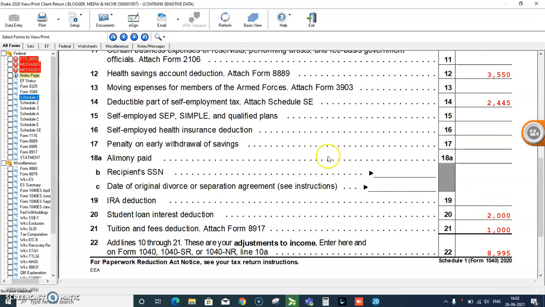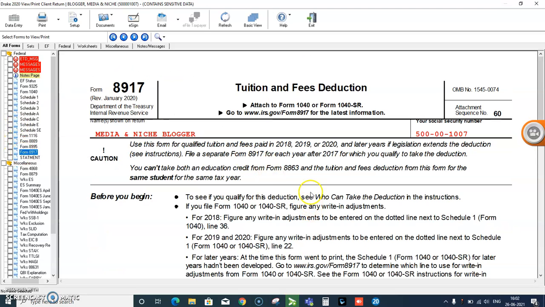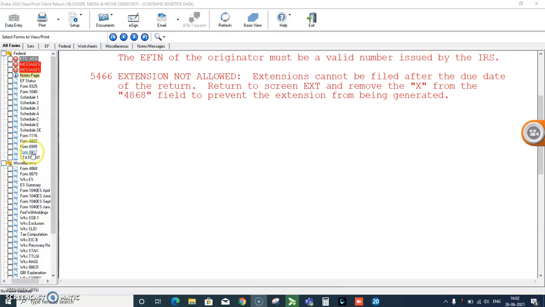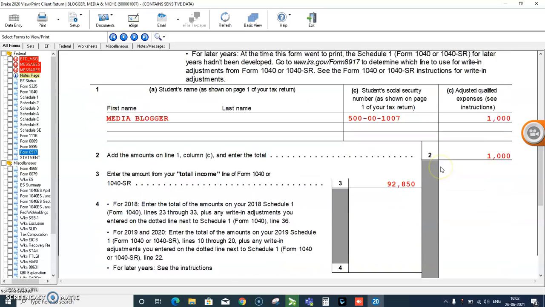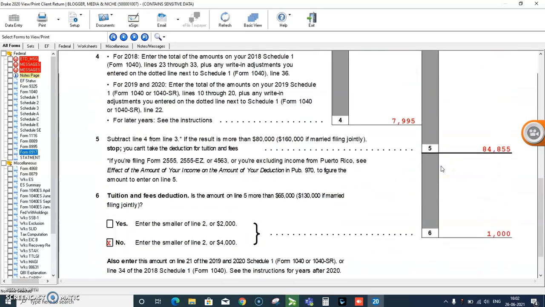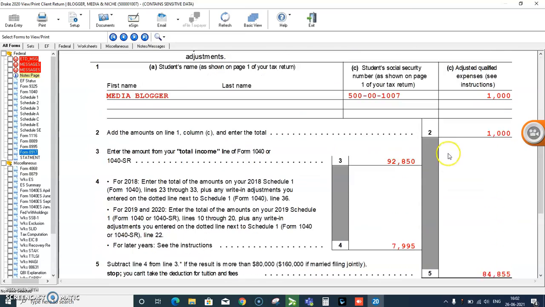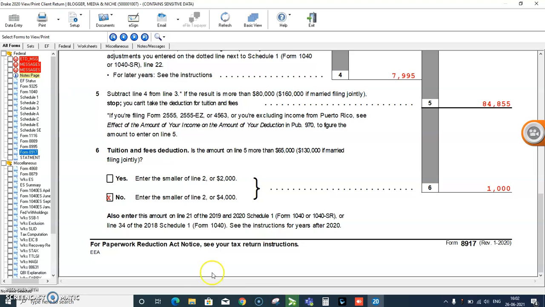This is for deduction purposes. And coming to the 8917 form, tuition and fees deduction, everything is there. $1,000 is also flowing here.